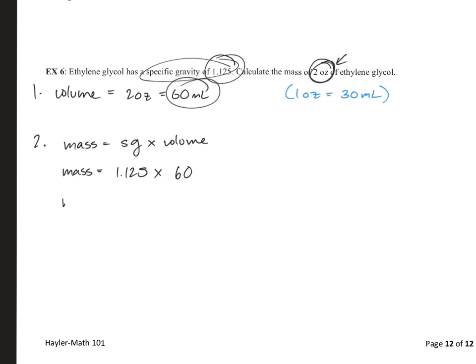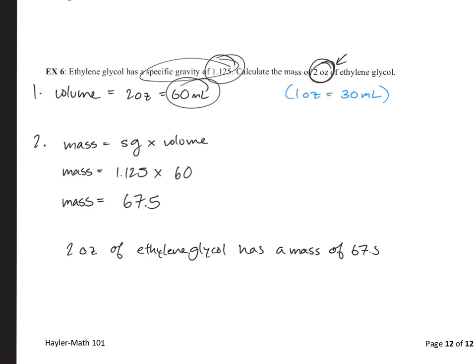And then the mass is going to equal, so 1.125 times 60 is 67.5. And remember, the units for mass is grams. So in my answer, 2 ounces of ethylene glycol has a mass of 67.5 grams.